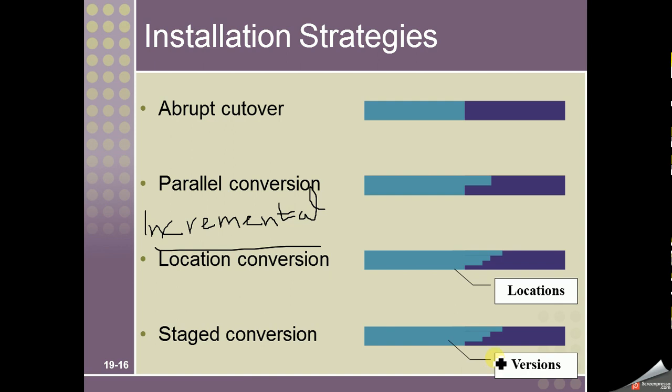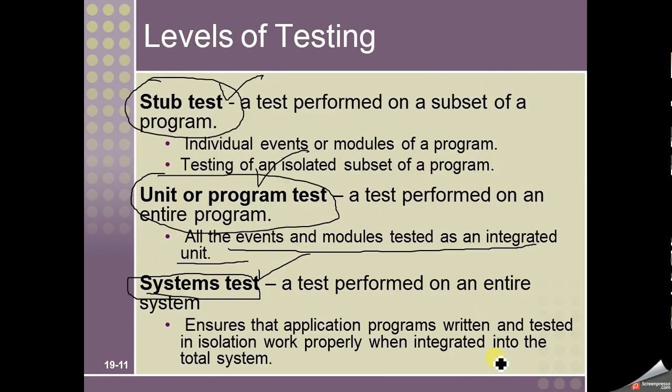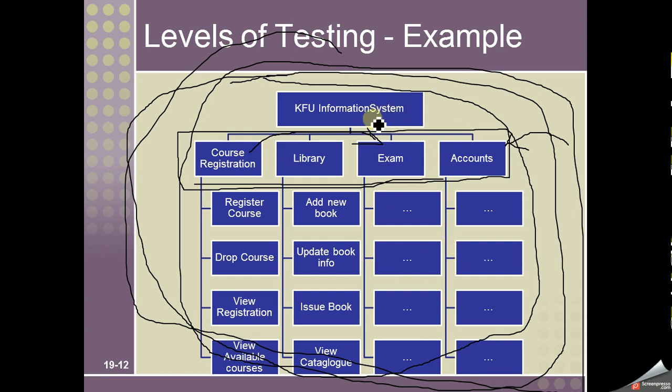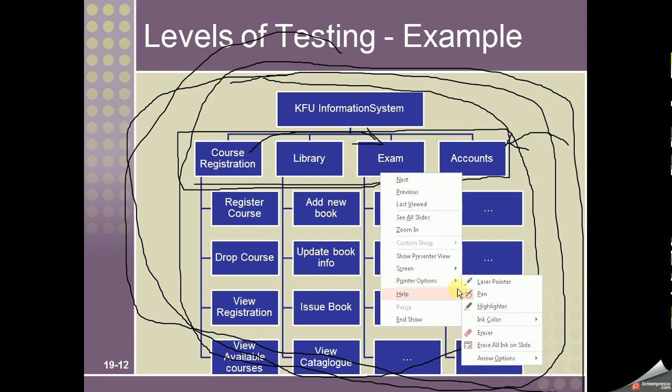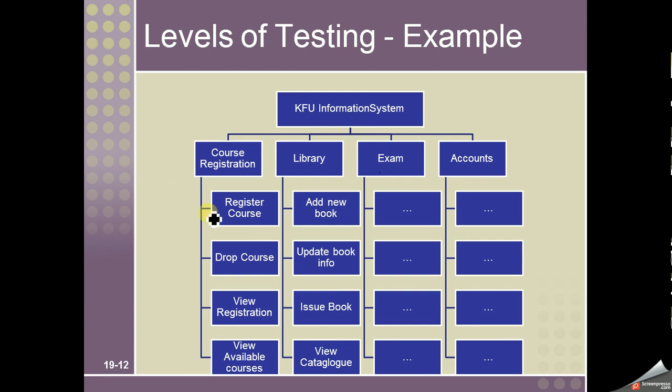Let me take you back to this slide. Let's say this is the system we are talking about. Let's say the first iteration delivers course registration subsystem. After 2 or 3 months, a library system is developed. After that, exam system. After that, accounts, and so on and so forth.